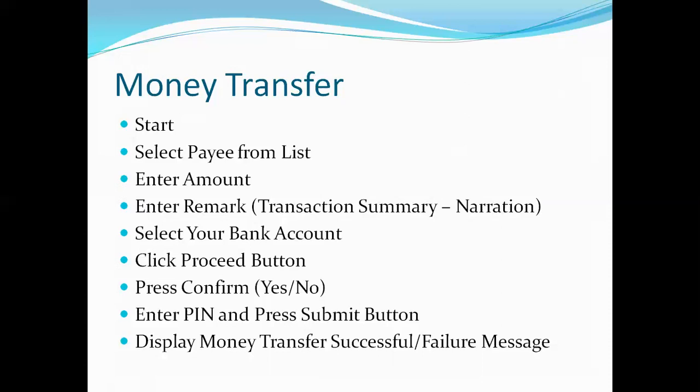Suppose I am transferring the amount to B, so add B's account in your application. So the assumption here is that B's account is already added, and from the payee's list I am selecting B's account. I am assuming myself as an account holder, and I am transferring the amount to B, the account holder.